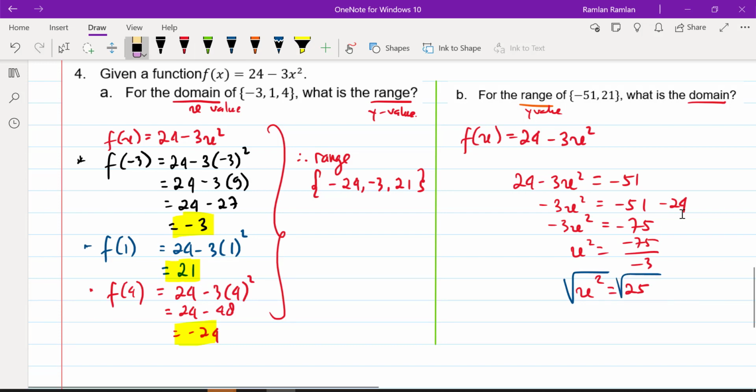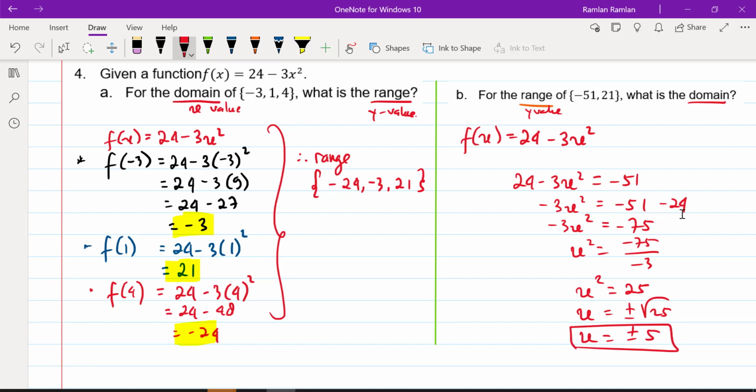But remember, guys, if you have a square like this, where the power is an even number, you might get two values. For example, in here I'm going to write x equals plus minus the square root of 25. The square root of 25 is 5. Why are there two values?